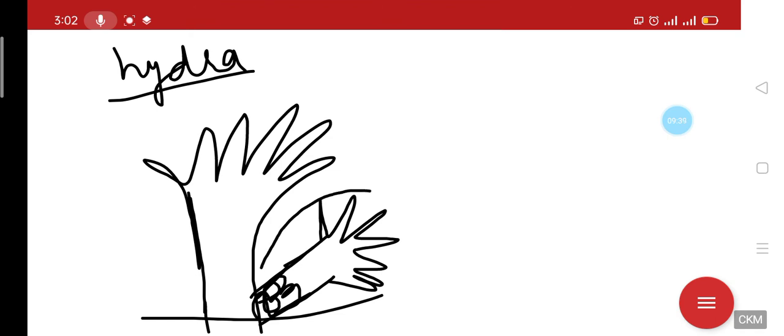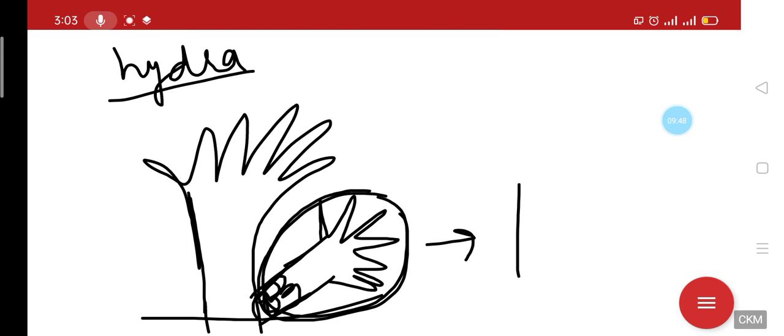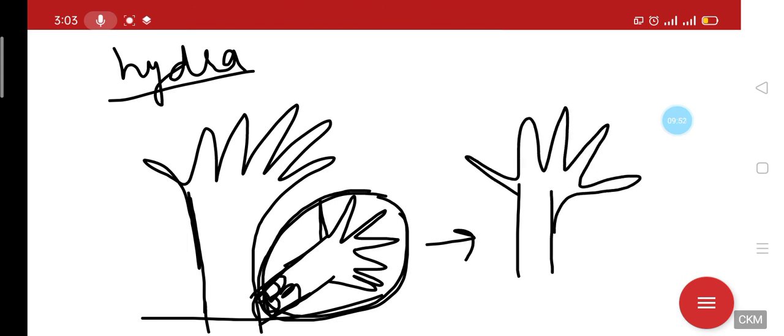When it becomes a complete hydra, this daughter hydra detaches from the parent hydra. So this is the way the hydra reproduces.